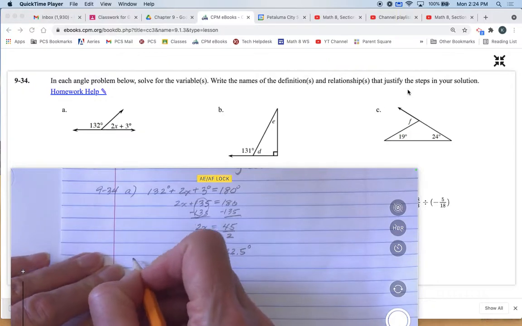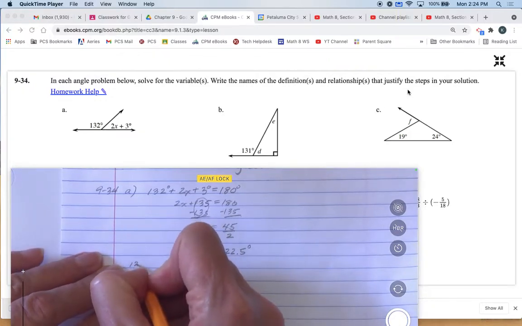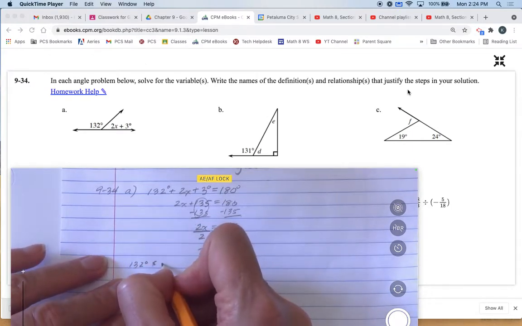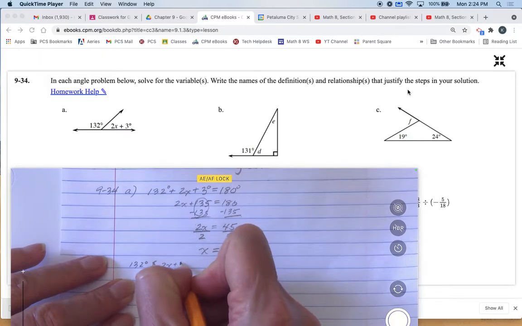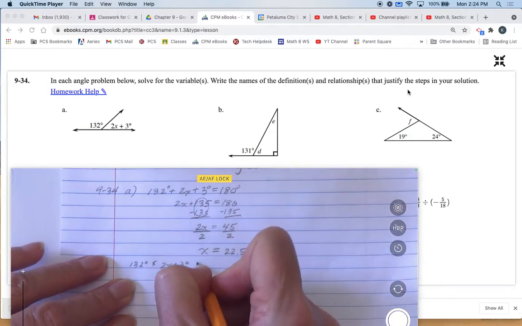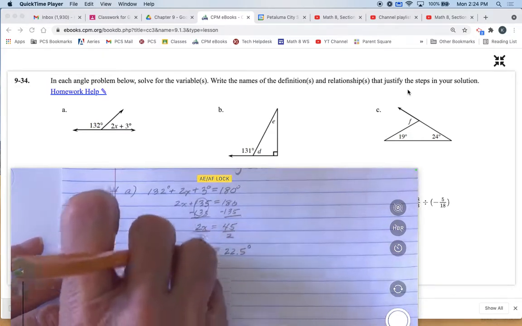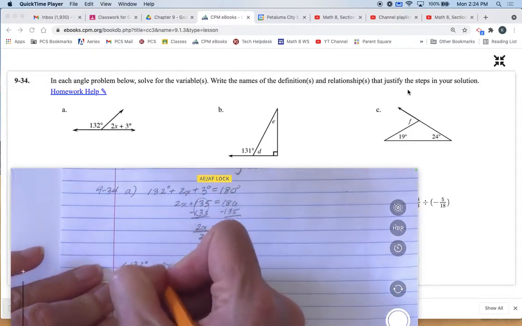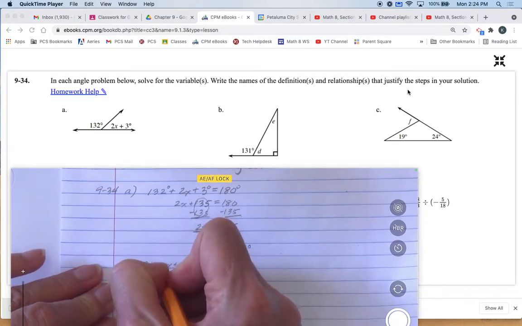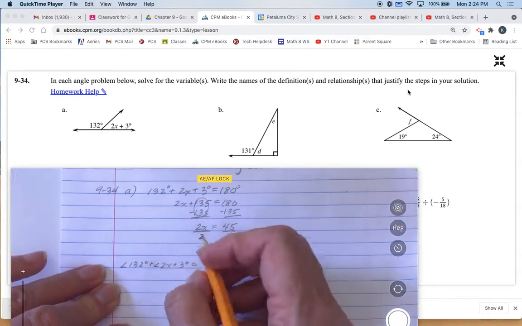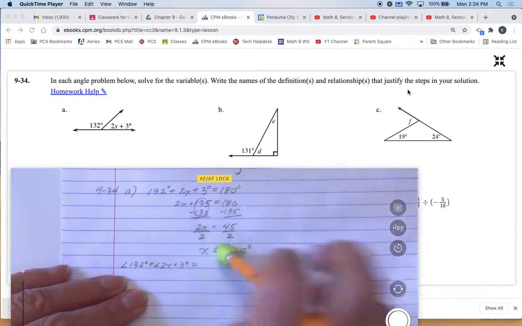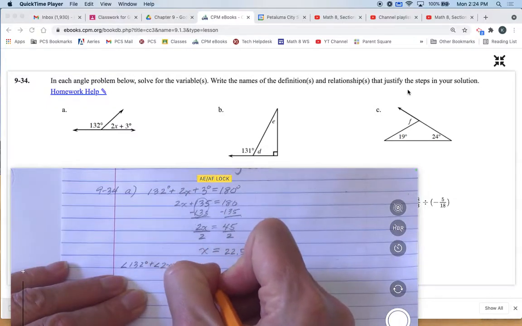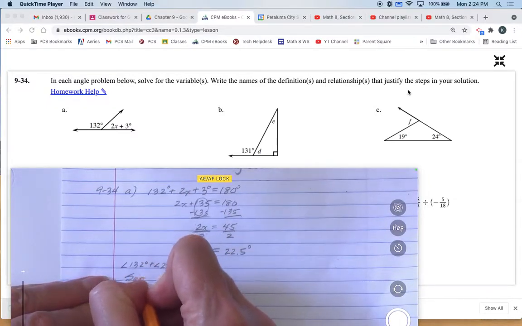And so we can say that the 132 angle and the 2x plus 3 angle, and I guess we can just name the angles by the measurement, angle 132 plus angle 2x plus 3 are supplementary angles.